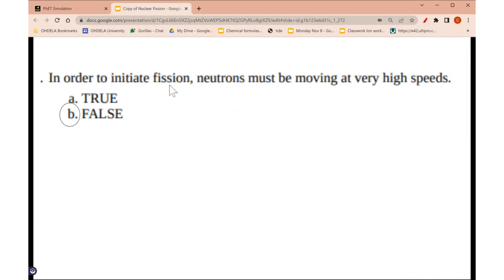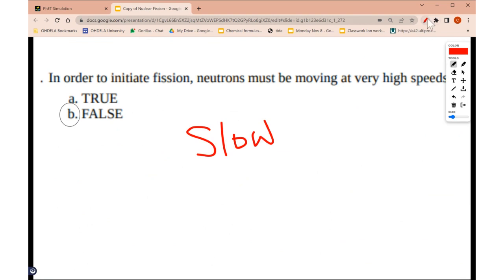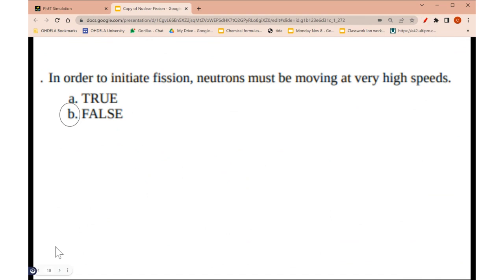All right, in order to initiate fission, neutrons must be moving at slow speeds, right? Slow. So that's a false answer, right?